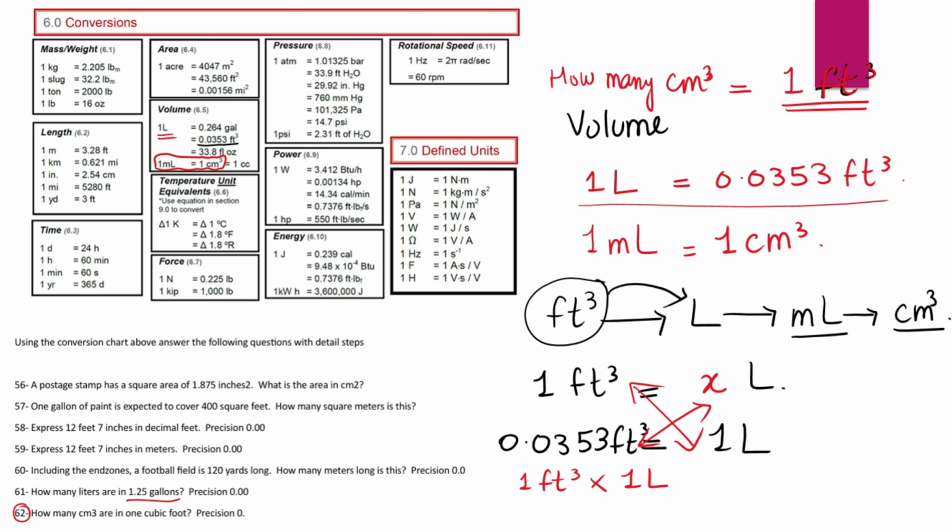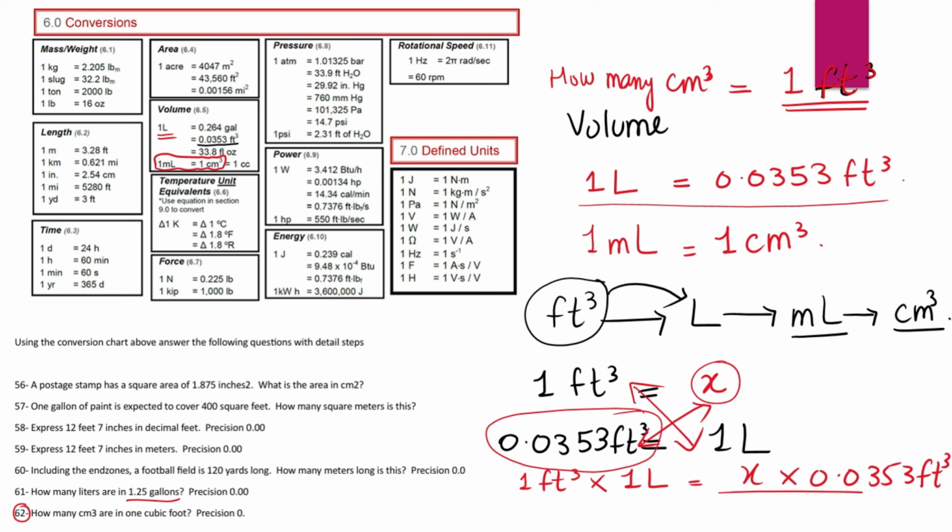You don't need to write L here because I am assuming x is in liters. So 1 feet cube multiplied by 1 liter; similarly this value will be multiplied by this value on the other side of the equal sign. So x multiplied by 0.0353 feet cube.